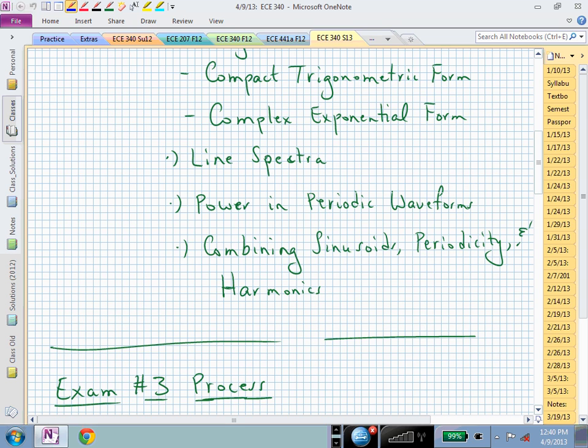You have to be told, or you have to find omega naught, and you should be able to find it on the exam. You'll find that indirectly maybe by looking at your graph and saying, where's the first time that this starts repeating? Oh, there's my period, and you can relate period to frequency until you retire, right? Omega is 2 pi f, which is also equal to 2 pi over the period T.